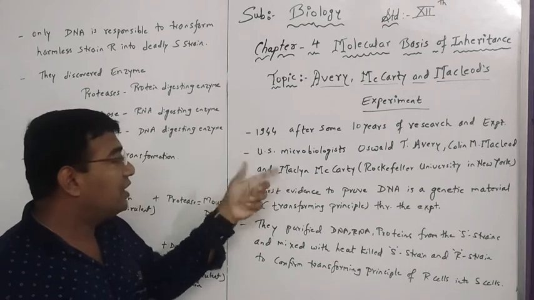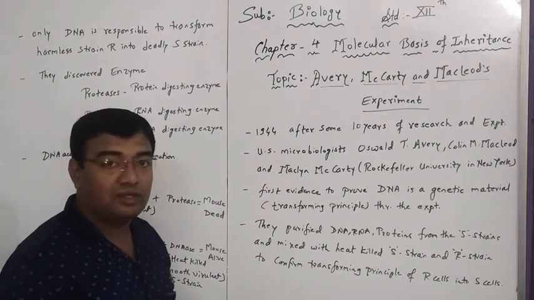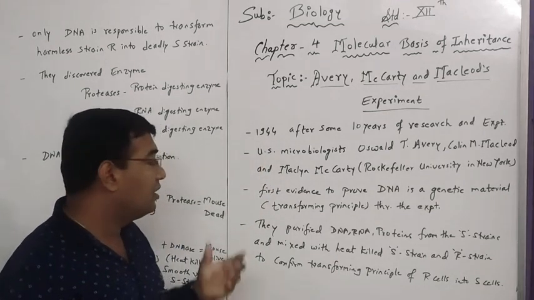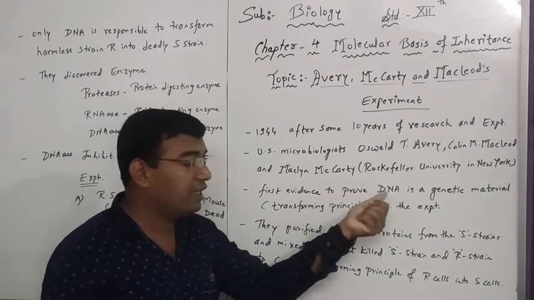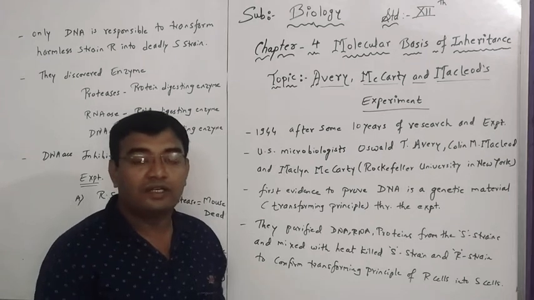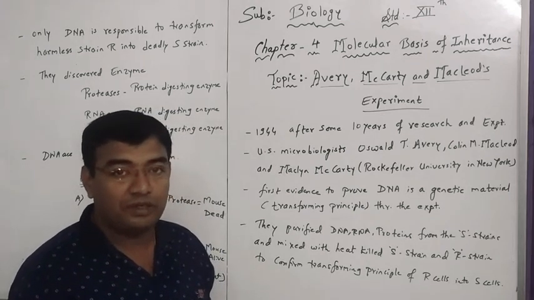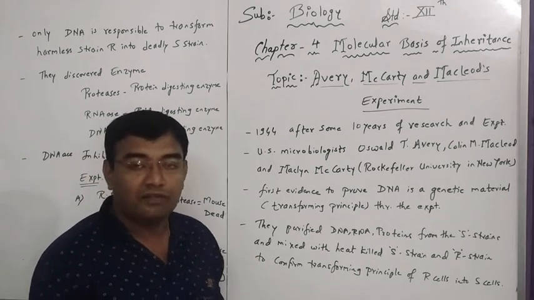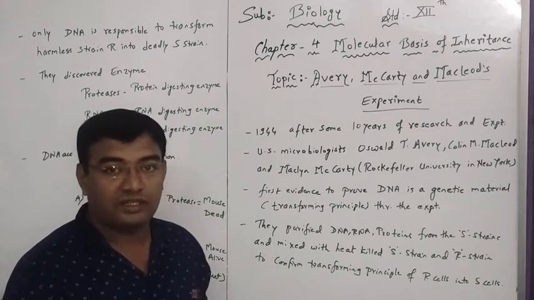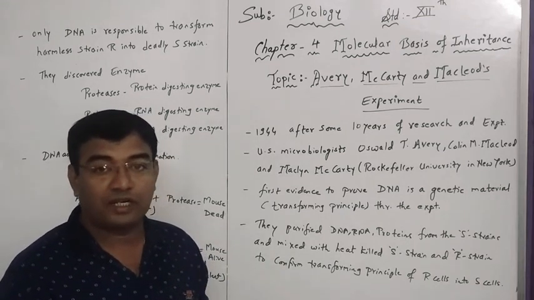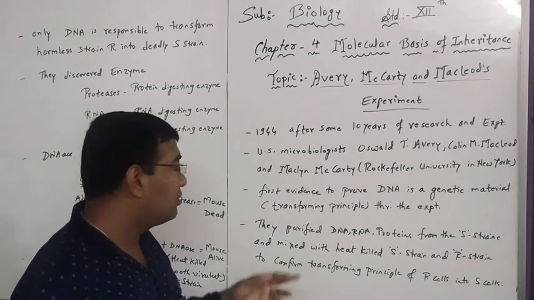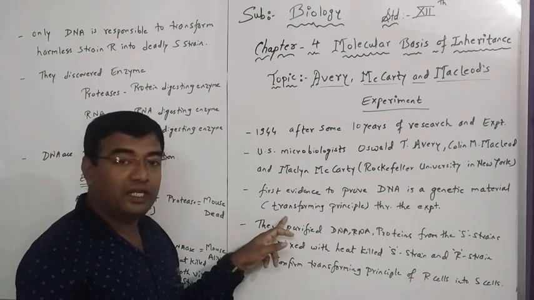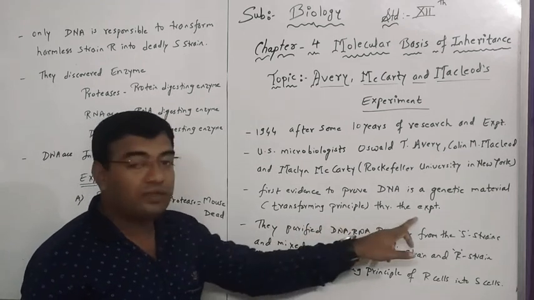So when they studied over that period of 10 years, they came to the conclusion that this was the first evidence to prove DNA is the genetic material. We know that DNA is responsible for transferring the genetic character from one generation to the next generation. But it is also responsible for the transforming principle of non-virulent to virulent. So they established the theory of the transforming principle through their experiments.